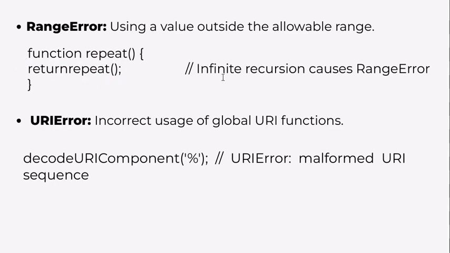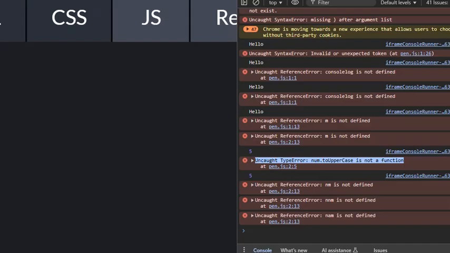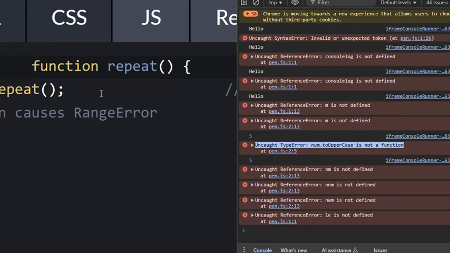It will act as an infinite recursion, which will cause a range error. If I use this inside my browser, what will happen? The function won't stop and it will run immediately and cause me a range error.